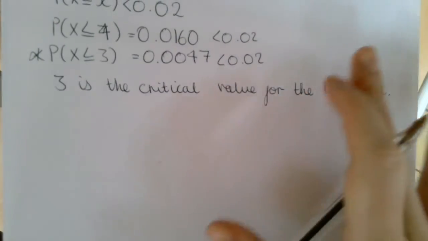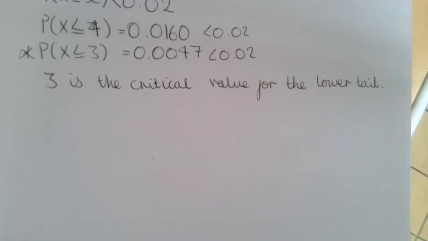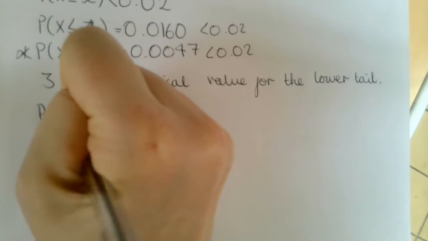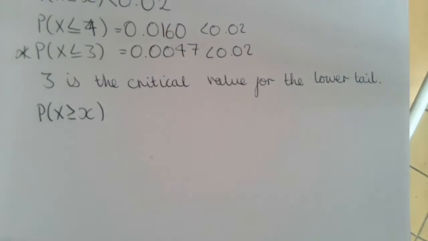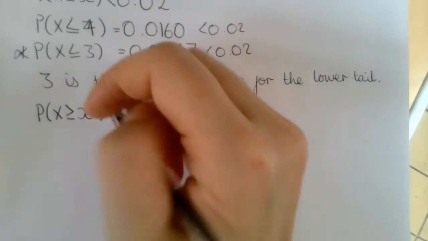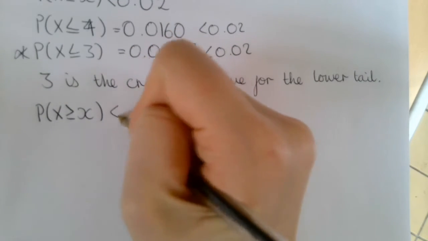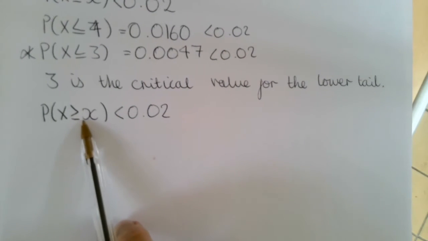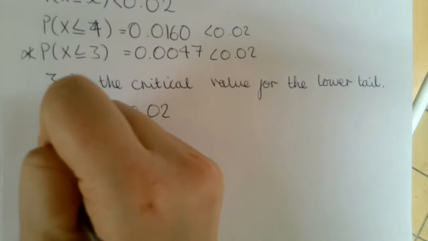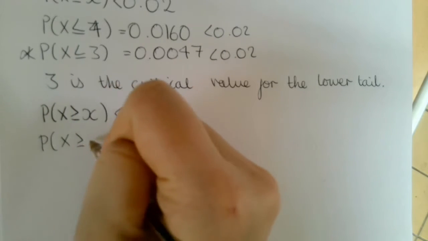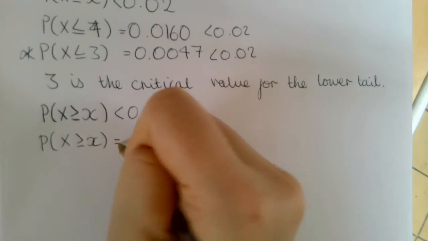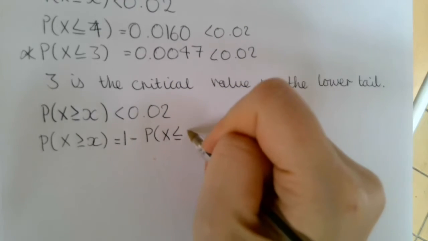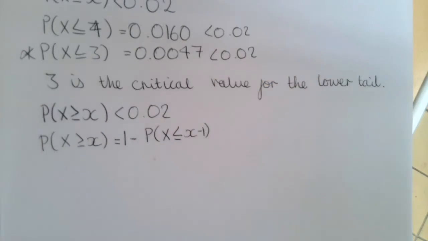We're now going to look at finding the critical value for our upper tail. Now this is when we want the probability that x is greater than or equal to a value of x. We want that to be less than 0.02. So that upper tail is when we're looking at greater than or equal to. Now remember, the probability that x is greater than or equal to little x is equal to 1 subtract the probability that x is less than or equal to little x subtract 1.